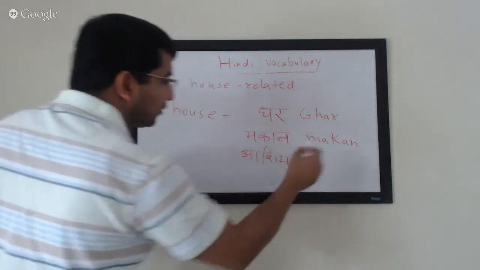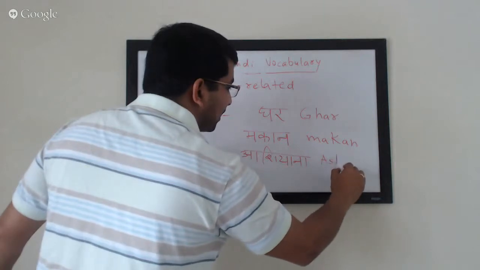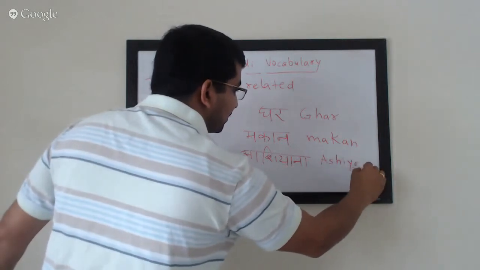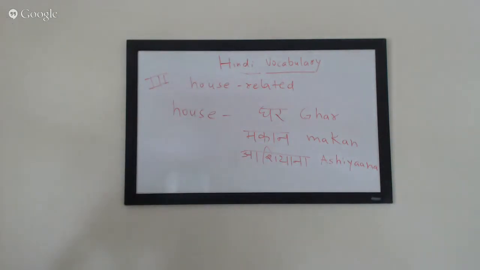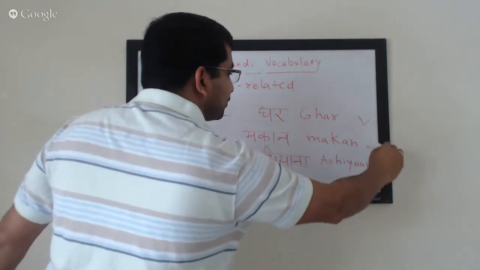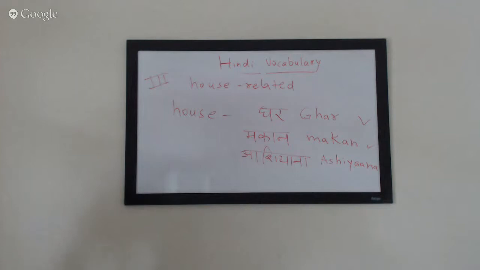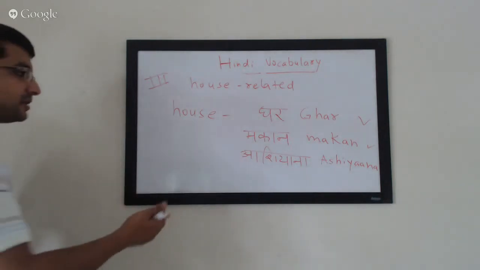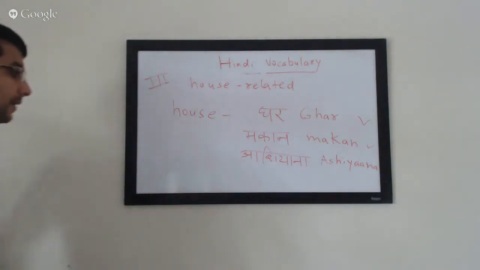I'll write it down if you cannot read the Hindi bit. It's basically ashiyana, ashiana. Primarily, you will see people using ghar and makan. You won't see too many people using ashiana, but it's good to remember all of them, right? Now, if you go back to the lyrics, it will make sense to you that they are referring to house, right?